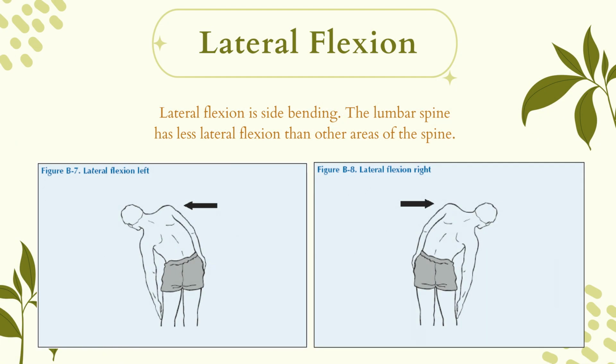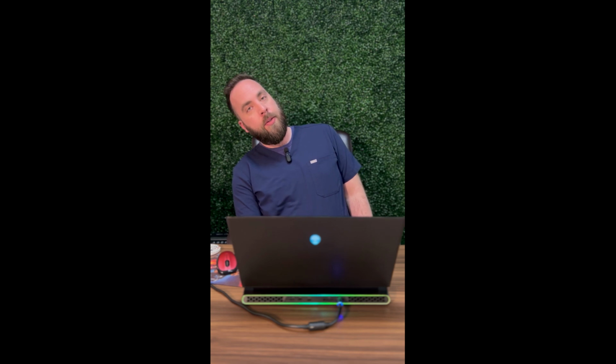Now, lateral flexion, again, we just talked about it. It is side bending. A lot of people, when they think about side bending, they actually lean forward and then twist, which turns out that's a compound motion. So side bending is really best described as if you're standing straight up and down, you put your hands to your sides, and then you slide your hand down the side of your leg like you're going to reach down and touch your knee.